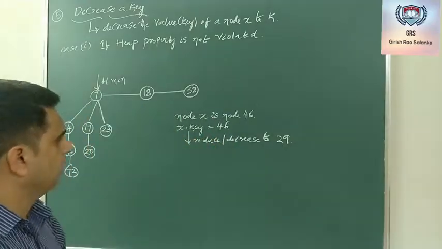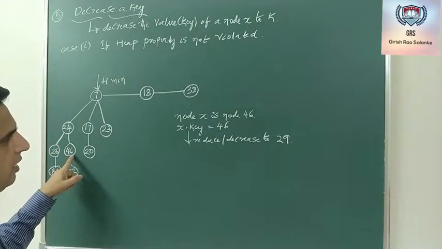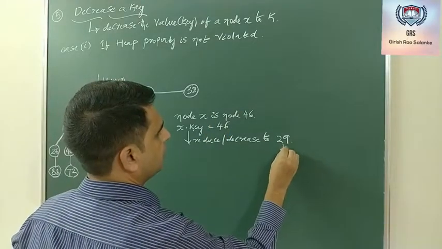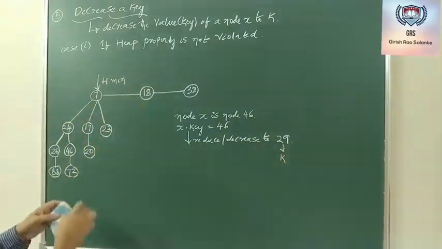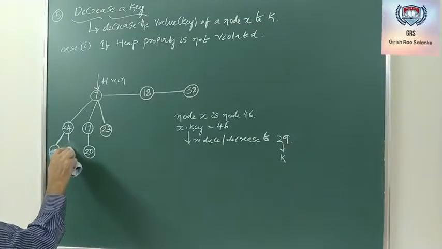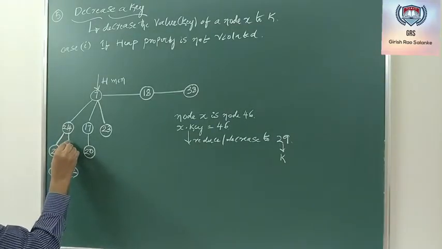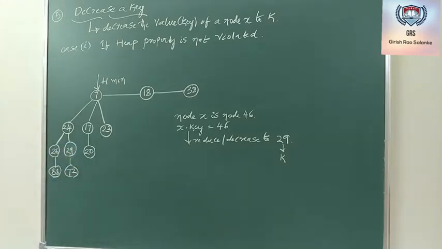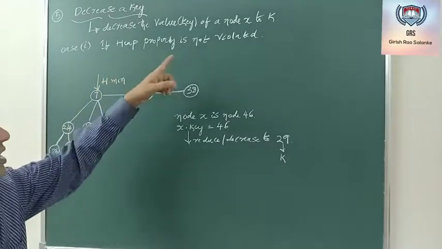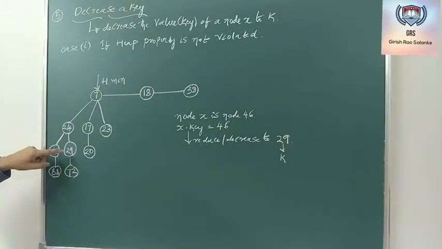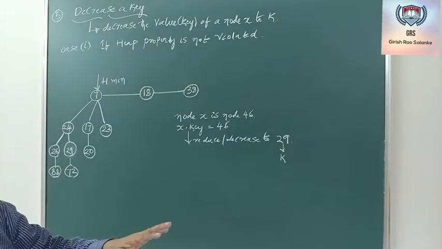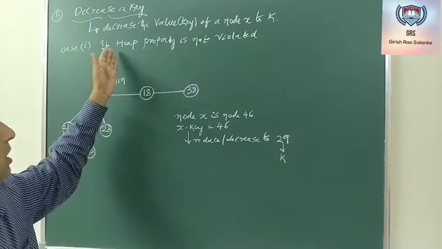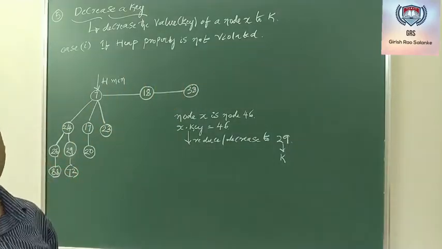I will locate node 46 and reduce it to 29. This 29 is nothing but k. Now check whether the heap property is violated or not. Parent of 29 is 24, which is lesser when compared to 29. So there is no problem. We are done. If heap property is not violated, then it is well and good.